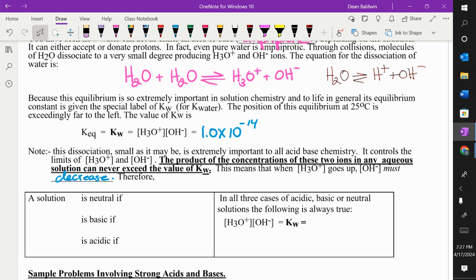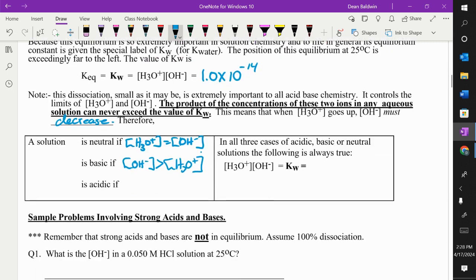A solution is neutral if the concentration of H3O plus equals the concentration of OH minus. When is it basic or alkaline? What do you have more of? OH minus. So the concentration of OH minus is greater than the concentration of H3O plus. And it's acidic if reverse.